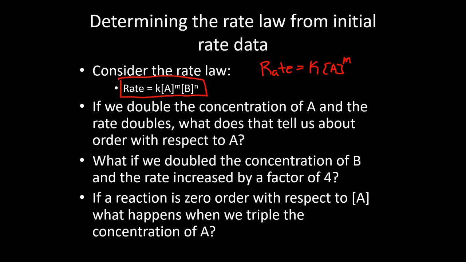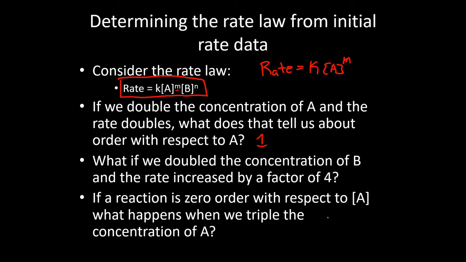And so the rate law is: the rate is equal to the rate constant, which is k, times the concentration of a reactant raised to some coefficient. If we're looking at this equation and we're doing multiple experiments, and we notice that when we double the concentration of A the rate doubles, what that tells us is that the order with respect to A is 1.